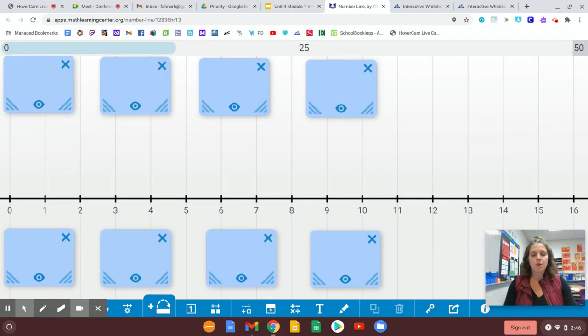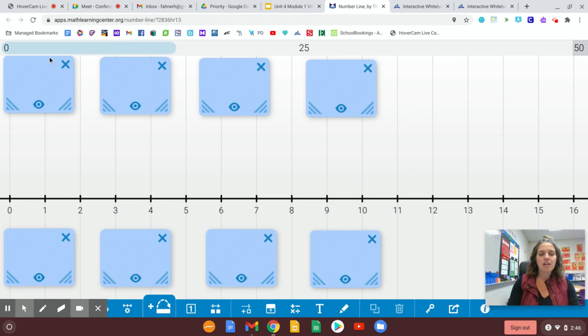And we might be jumping forwards or backwards. When we jump forwards, we are adding because our number is getting greater. Our sum, our answer is getting greater. And when we're subtracting, we're going to jump backwards. So we're going to practice adding going forwards and jumping backwards to subtract.